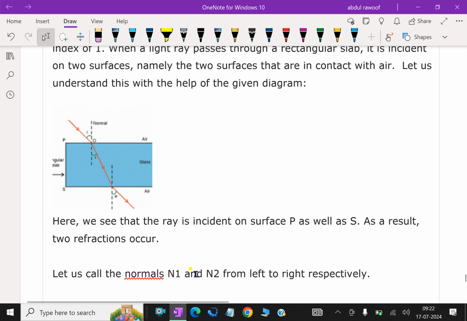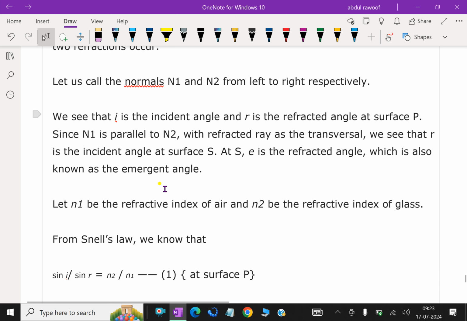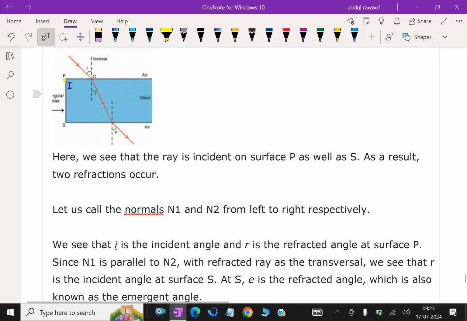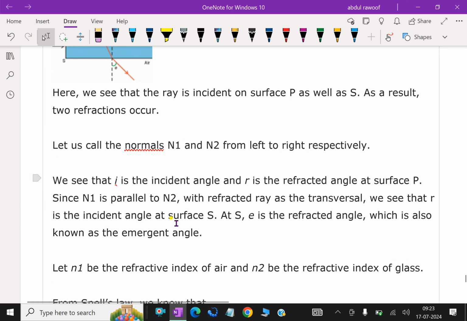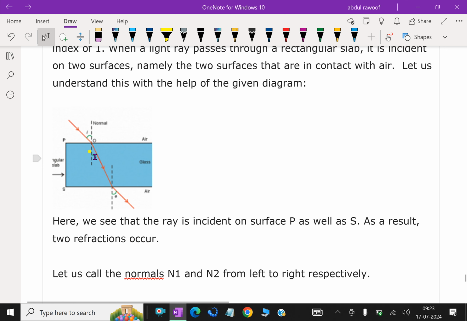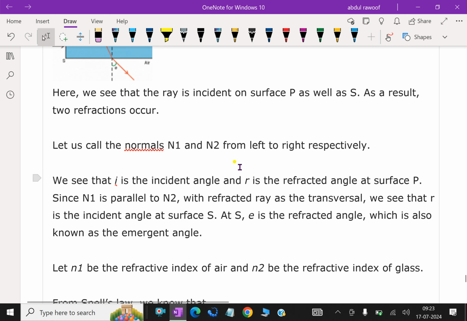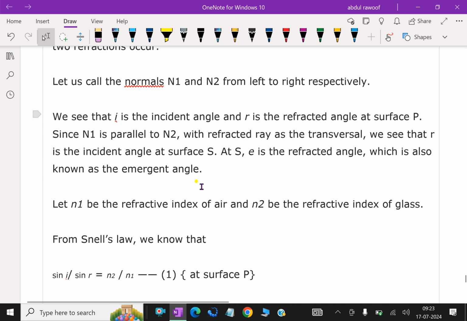Let us call the normals N1 and N2 from left to right respectively. Now we see that angle I is the incident angle and R is the refracted angle at surface P. Since N1 is parallel to N2, these normals are parallel, from left to right respectively.